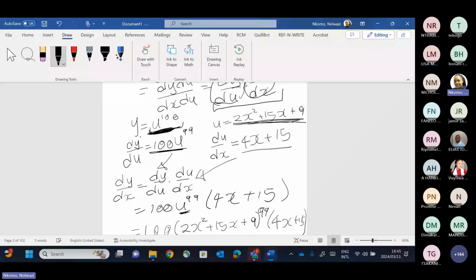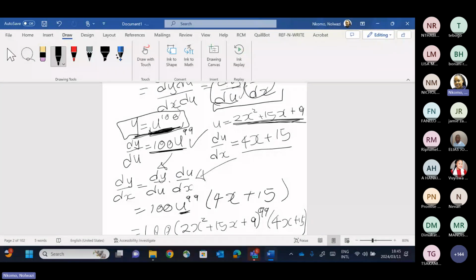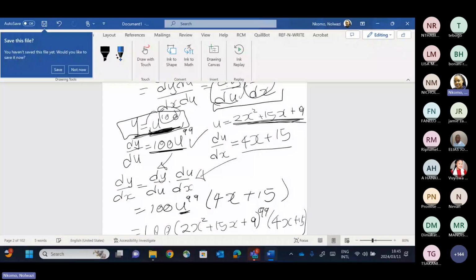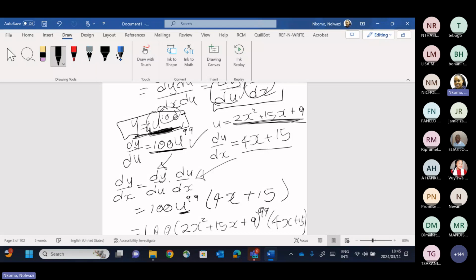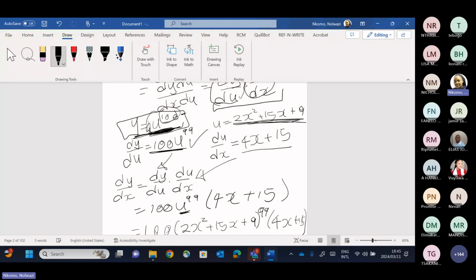We used the power rule there, and this is what we obtained. Remember, you take n, multiply with it, then subtract 1 from the power n. Our n was 100, so that's why we have 100 u to the power 99, because we subtracted 1 from 100.